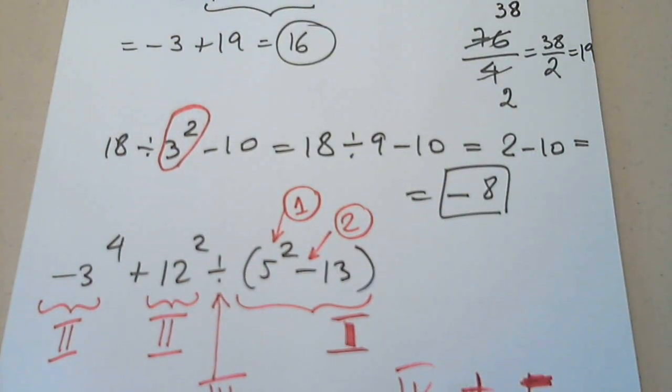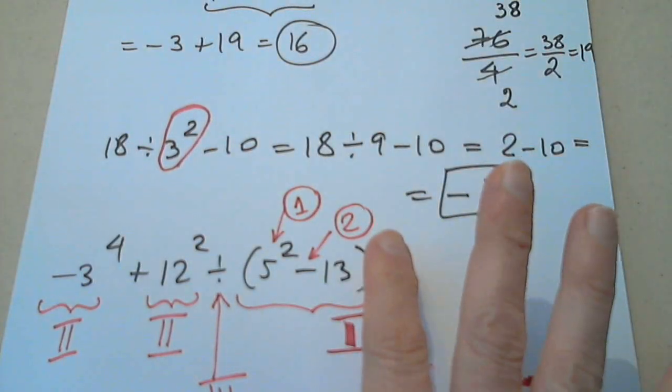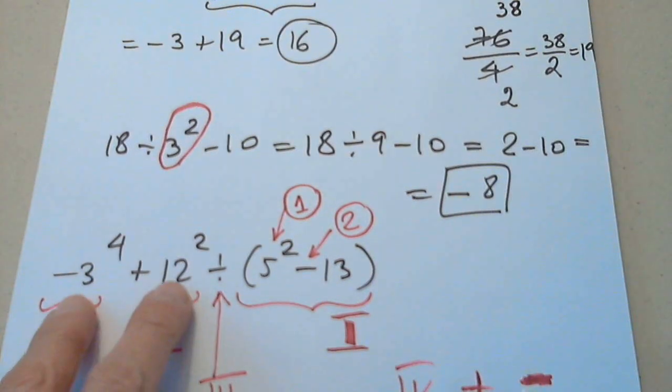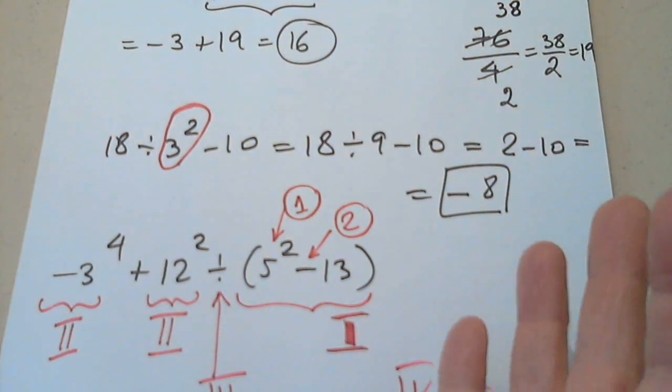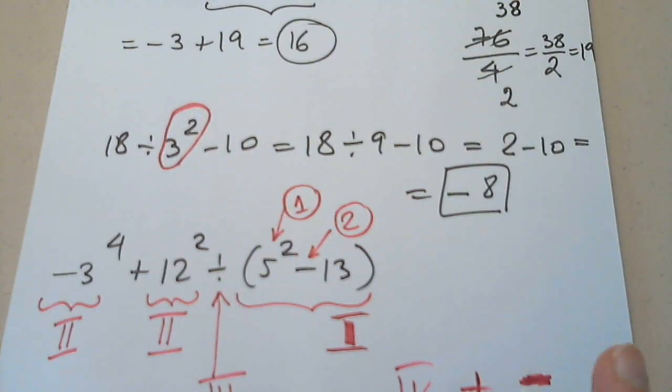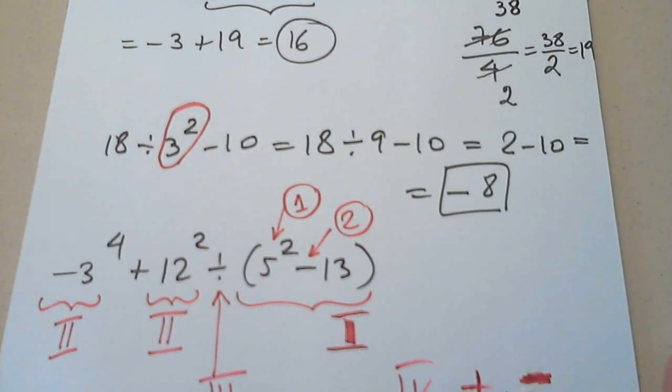Inside the grouping symbol, I have to deal with powers first, and then subtract. When I'm done, I finish the next step. I address the second step if you want: powers. Then I have to divide from left to right. Division. And then at the end, addition, subtraction in any order you want.